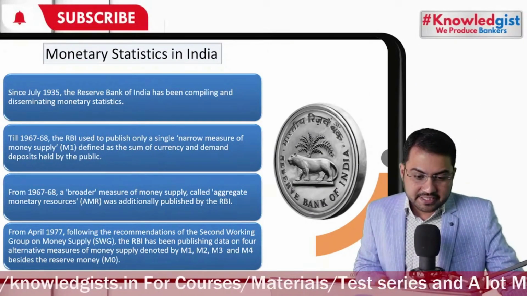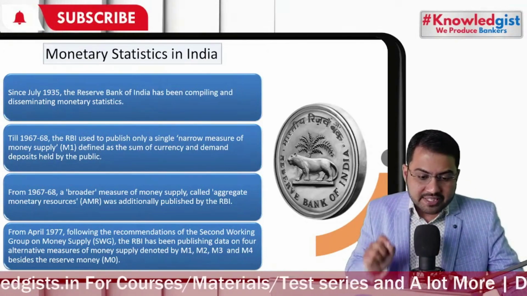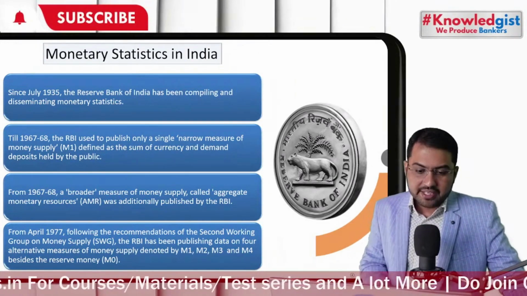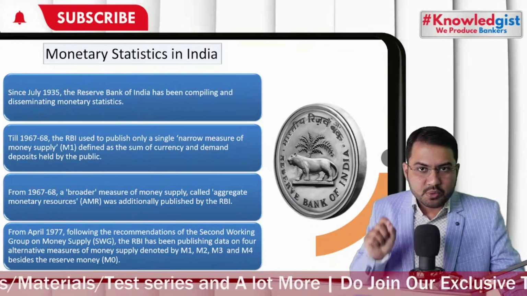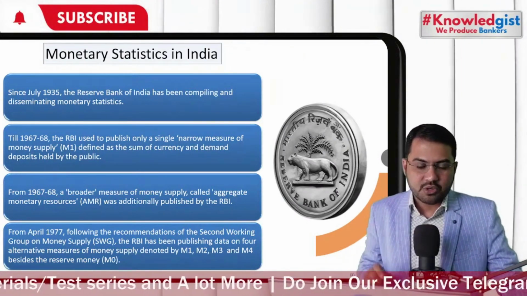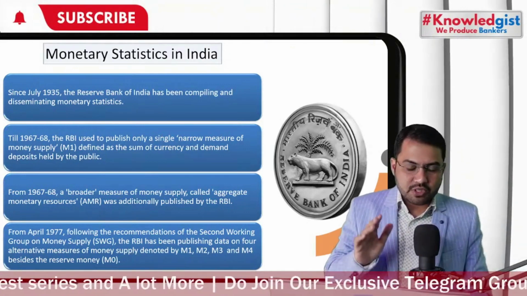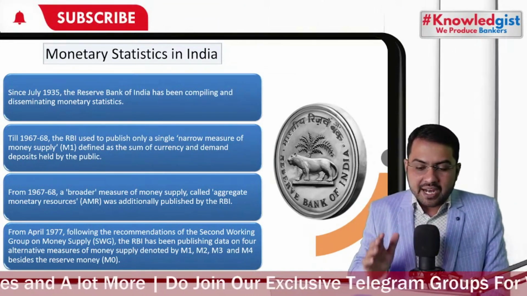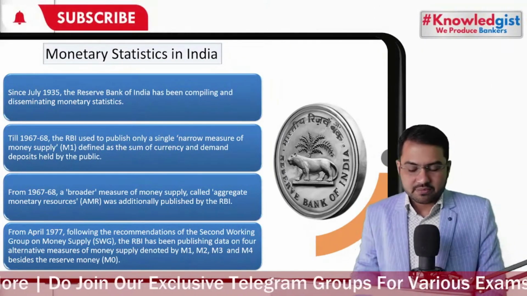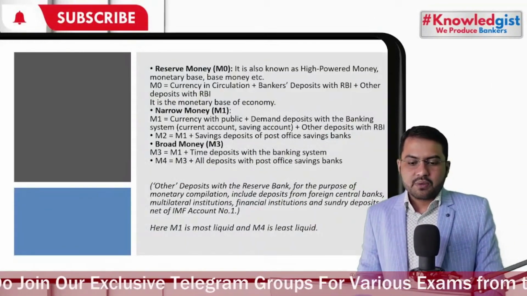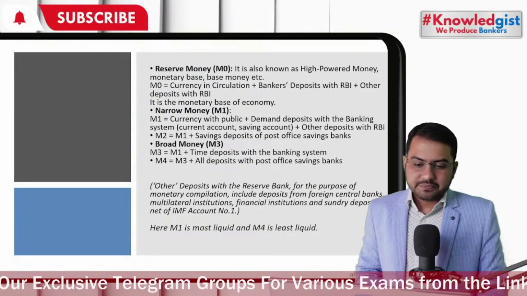After 1977, following the recommendation of the second working group on money supply, the RBI has been publishing the money measures through the M1, M2, M3, M4 plus M0 yardstick. So M0 is reserve money or the base money, and M1, M2, M3, M4 are various types of aggregates of monetary supply. Okay, so these are the details of reserve money.